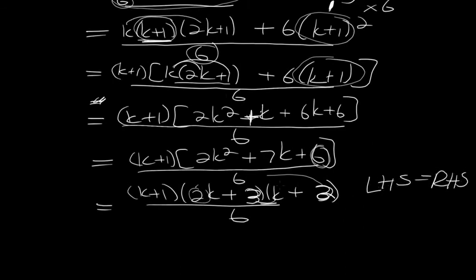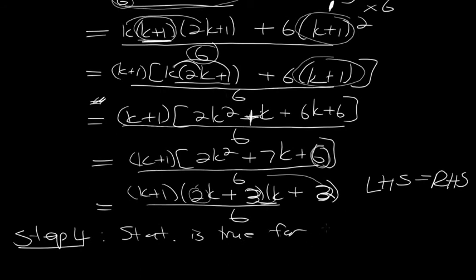So we've proven that. And then step 4 is just a normal usual conclusion, and it says the statement is true for n is equal to 1.